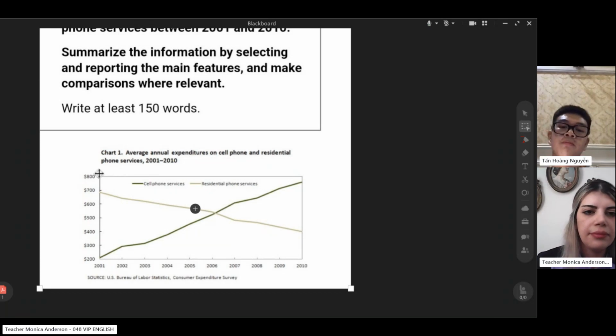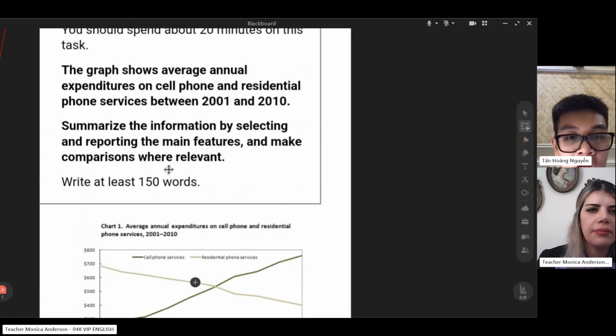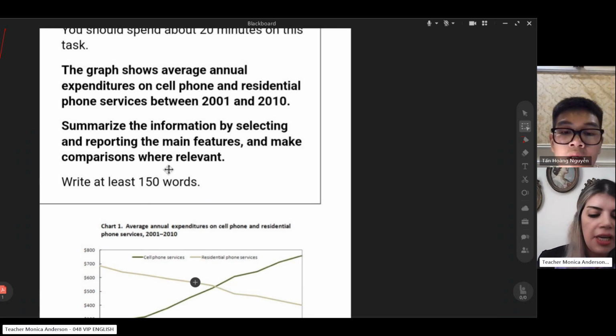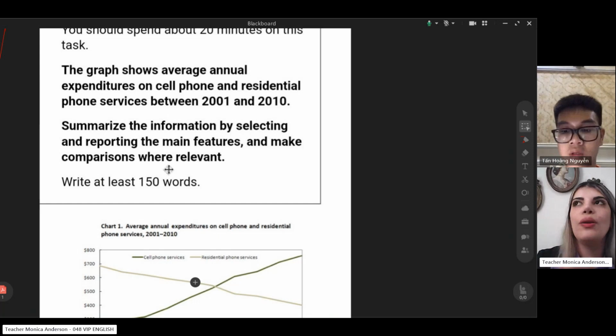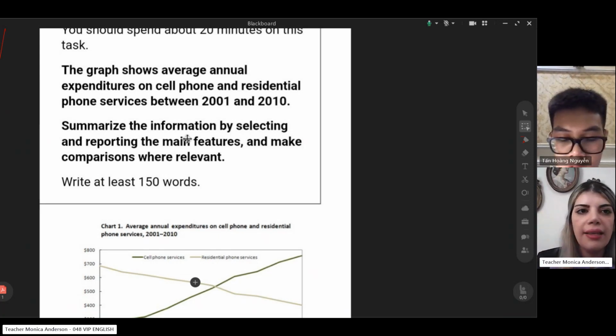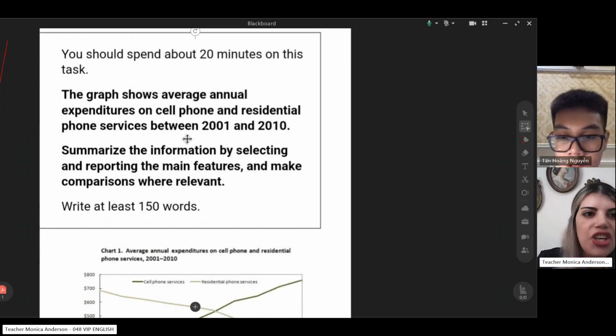The given line graph. You need to write, not say, because as I told you, that is really hard when we want to say. We need to write because we need to check the changes.